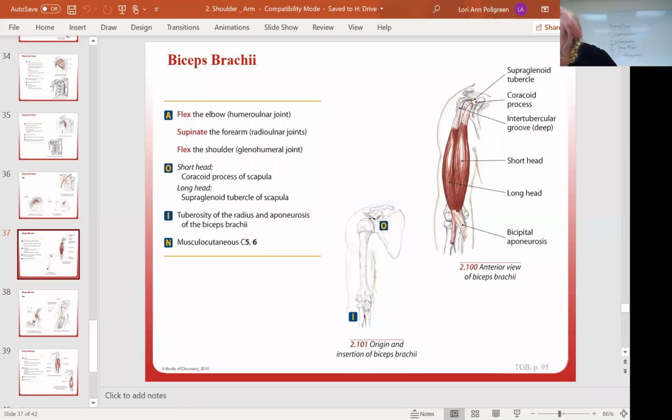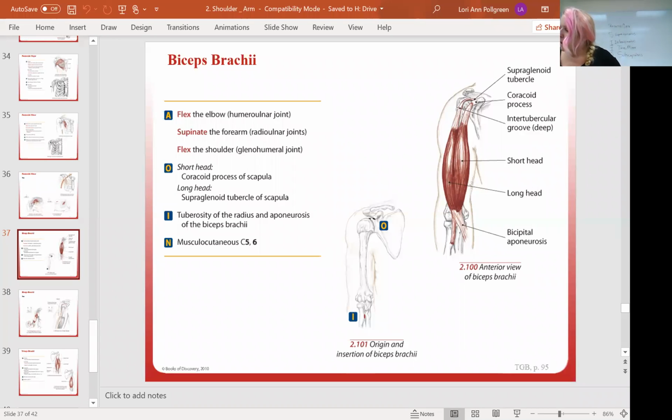So you can see that there is the bicipital aponeurosis that extends off, and that's why it inserts into that aponeurosis or that tendon, because it's a broad tendinous sheath when it's an aponeurosis. So no attachments at the humerus if you'd like to make a little note of that.